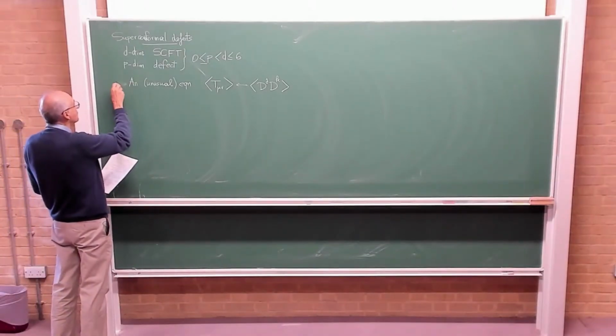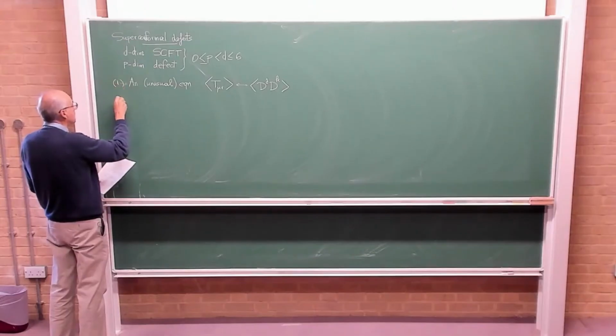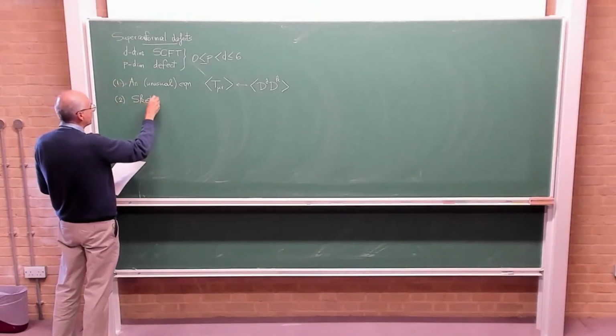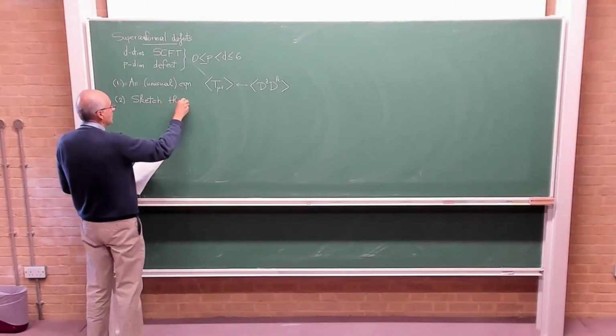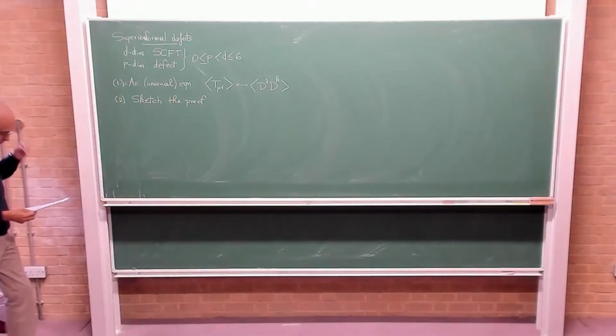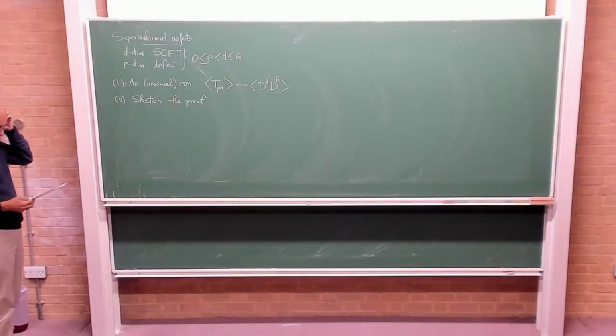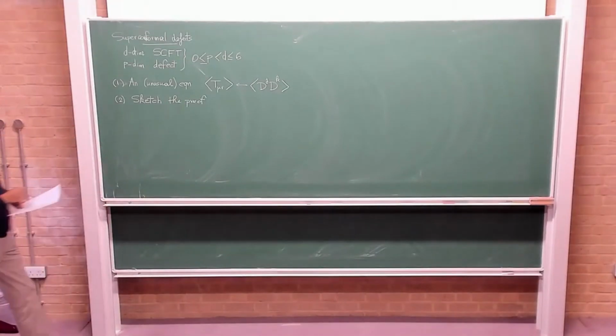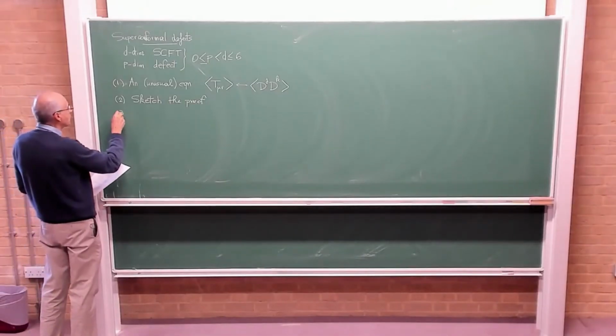Then two, I'll sketch the proof. Actually, showing the full proof would take me the whole lecture, so I will only sketch the basic steps. And then I will talk about two physics applications of this equation.